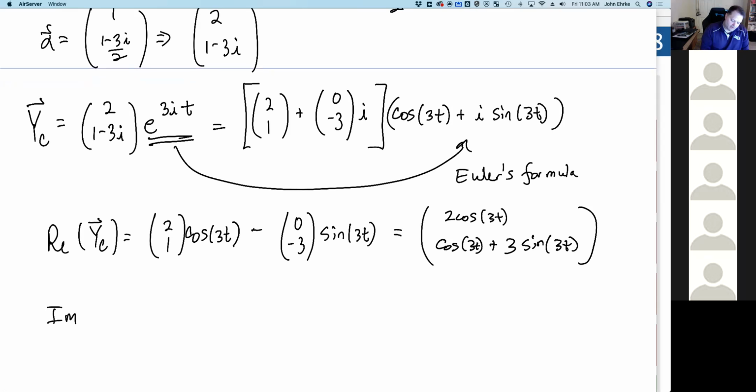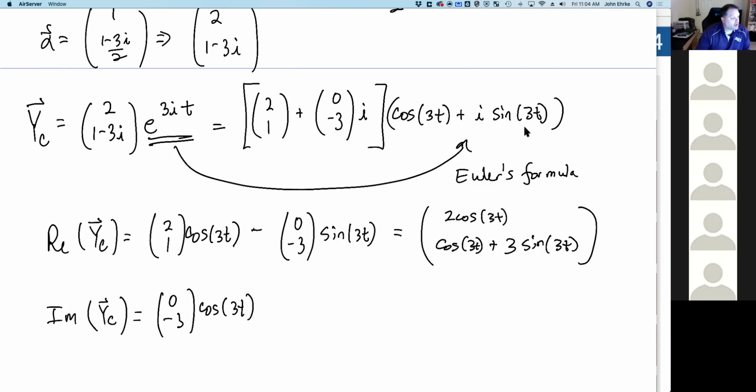All right, the imaginary part is going to be, you've got the 0, negative 3 times the cosine, because those are multiplied by an i. So the imaginary part will be 0, negative 3 cosine. And then you also get an imaginary part if you FOIL this out and you take the first term times the last term.